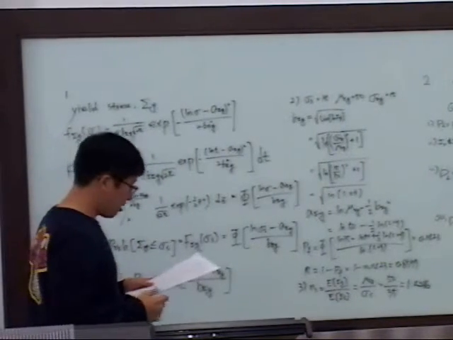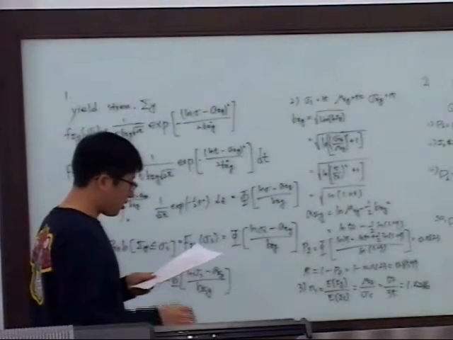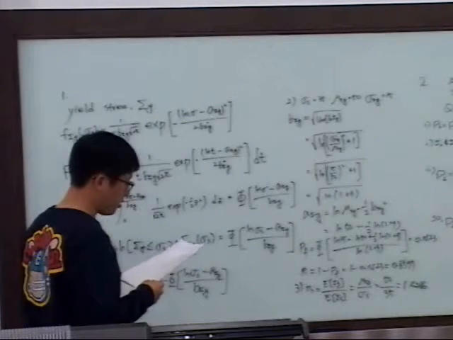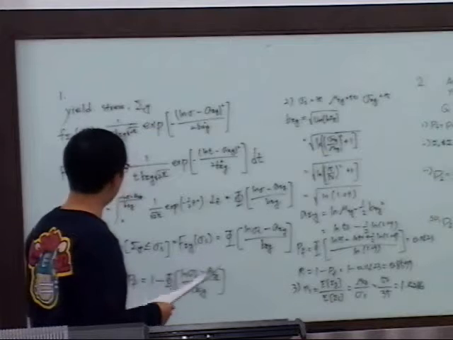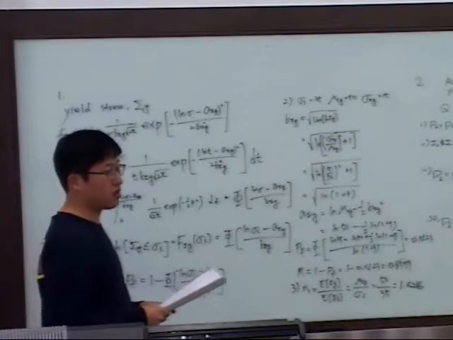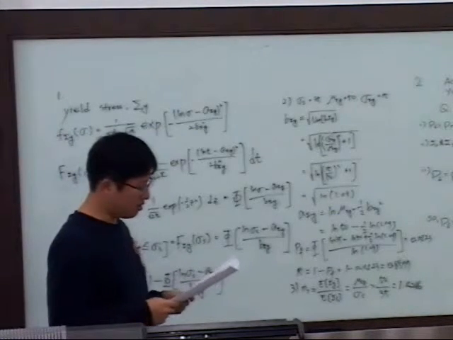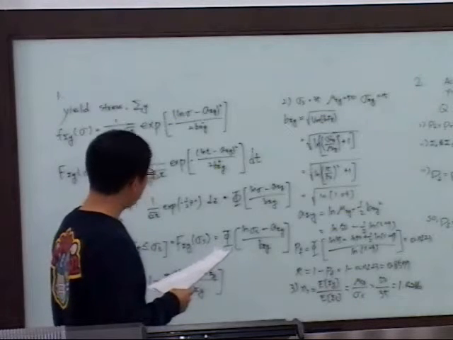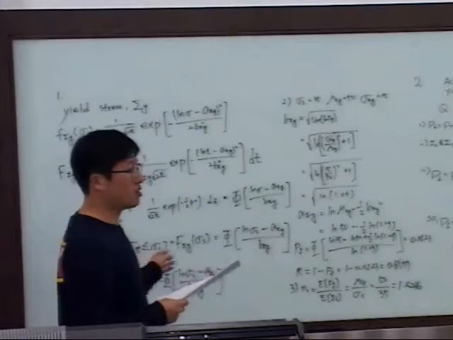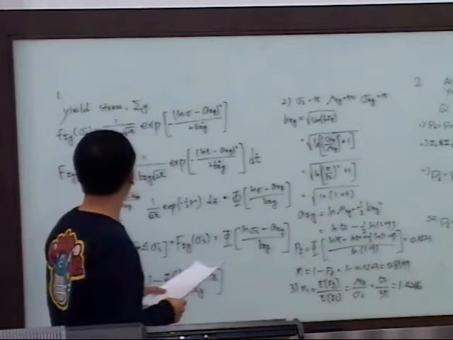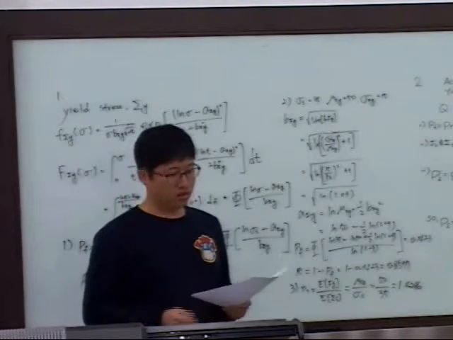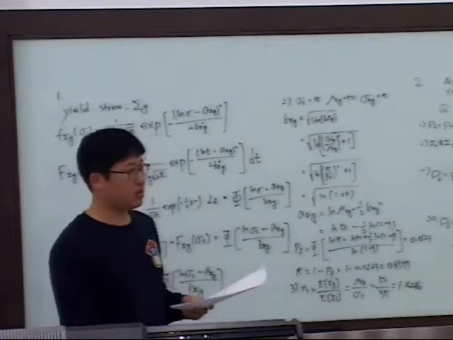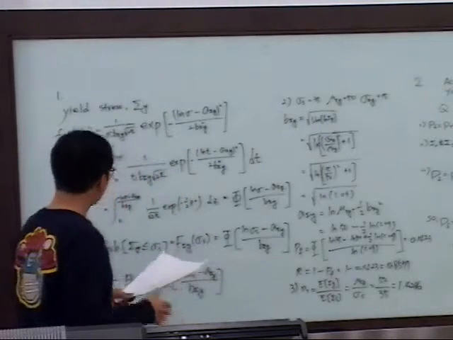In this problem, the actual stress is deterministic and the yield stress has a normal probability density. We already studied the same case, with yield stress deterministic and actual stress log normal. The process is very similar.